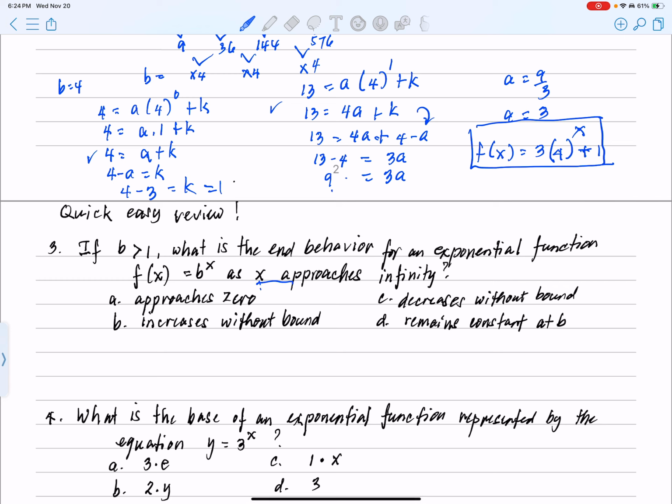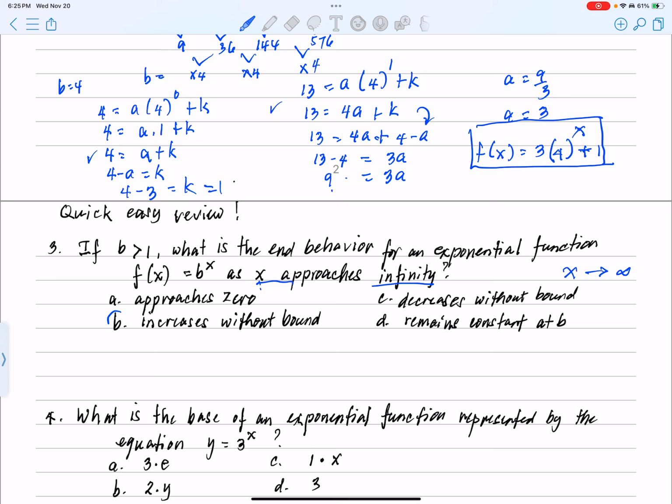That means positive infinity. A, it approaches 0. B, increases without bound. C, decreases without bound, and D, remains constant at b. The answer here would be increases without bound.